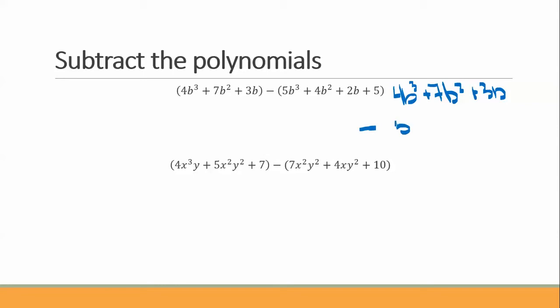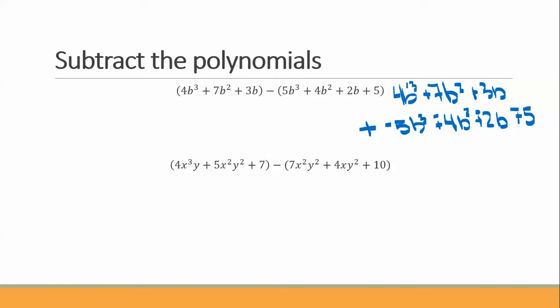So 5b cubed plus 4b squared plus 2b plus 5. Remember in our properties when we had a minus sign in front of a whole expression like this, we could change and distribute our negatives. So we're going to change that to a plus, and we're going to distribute our negative into all of the terms.